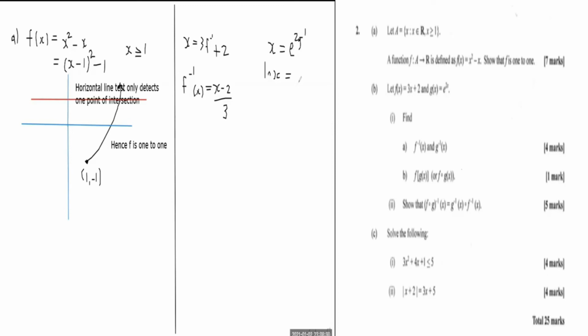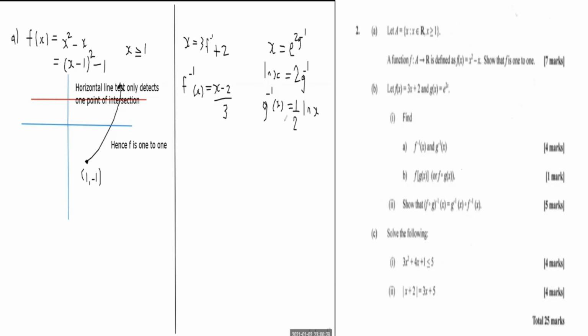Log of e is 1, and so I just get 2 times g inverse. Then I divide through by 2 to get that g inverse of x is a half ln x. So that's g inverse. Nice.